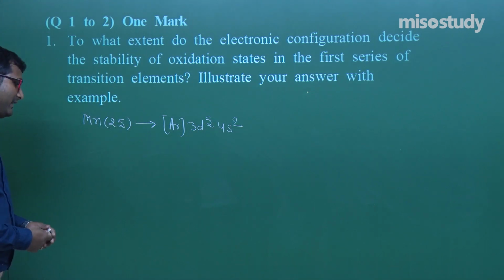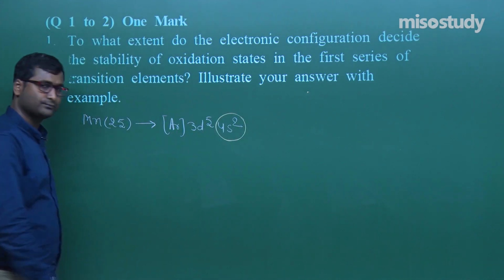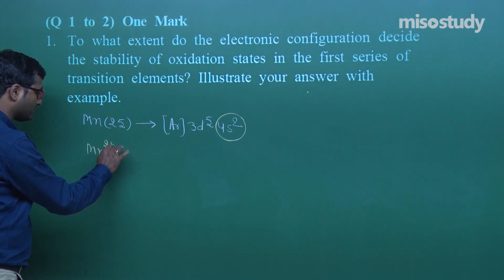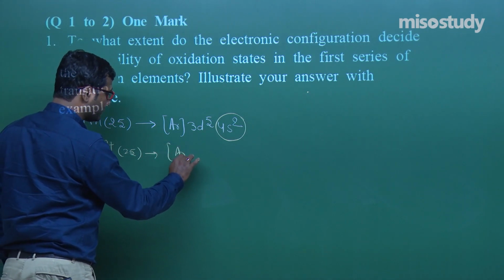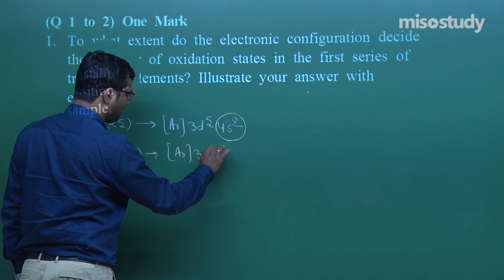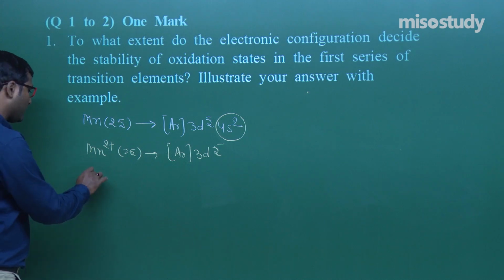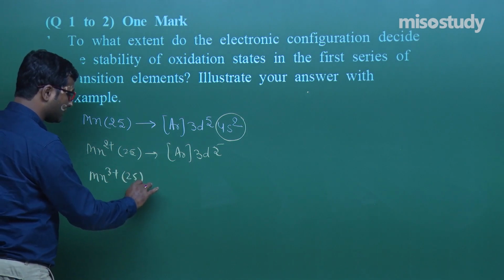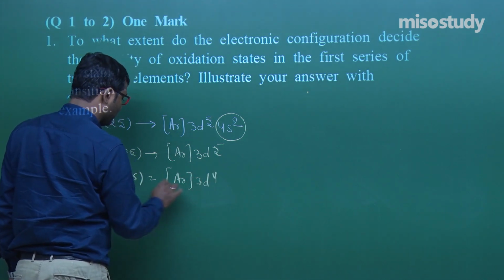Now, if it loses the 4s electrons, it comes to the oxidation state Mn2+. Now the electronic configuration is argon 3d5. If it loses one more electron, it comes to the Mn3+ oxidation state. Now it is argon 3d4.